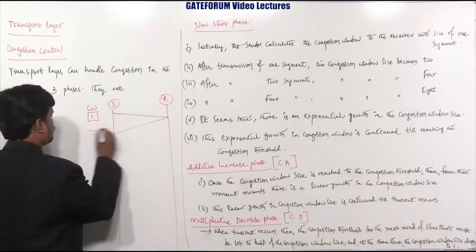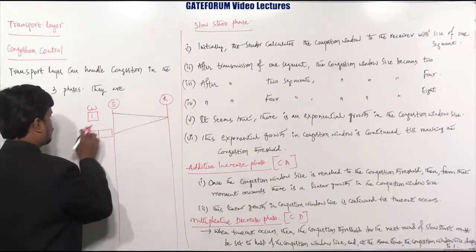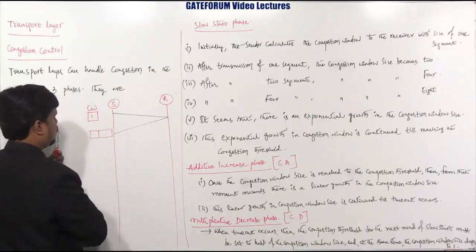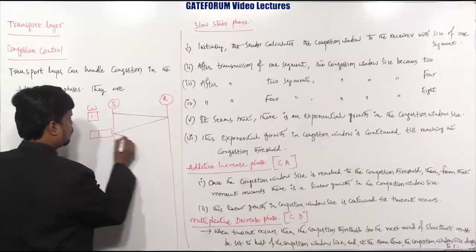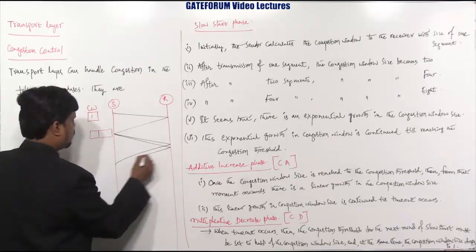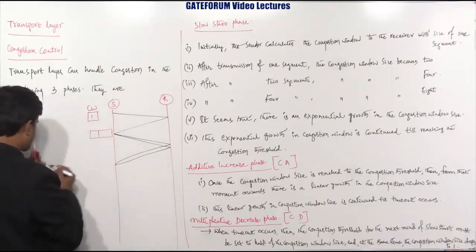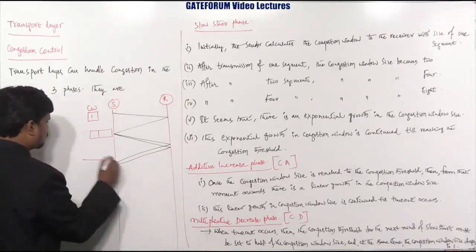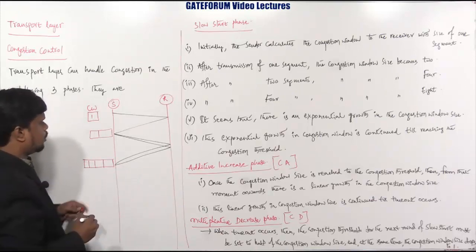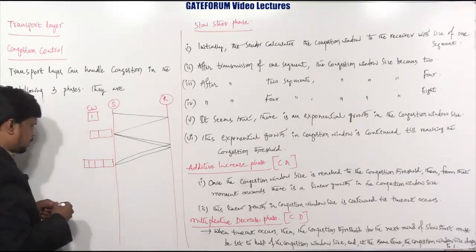Now we can transfer 2 segments: first segment and its acknowledgement, second segment and its acknowledgement. After transmission of 2 segments, the congestion window size becomes 4.